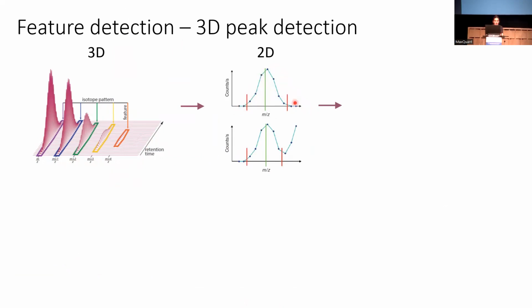So you have your profile mode, and what MaxQuant will do is quite straightforward. It will look for a local maximum, and then it will go down until it finds 0, or until it finds a shoulder, something that goes down and then goes up again. So where it finds 0 or a shoulder, it will put the ends, these red lines.